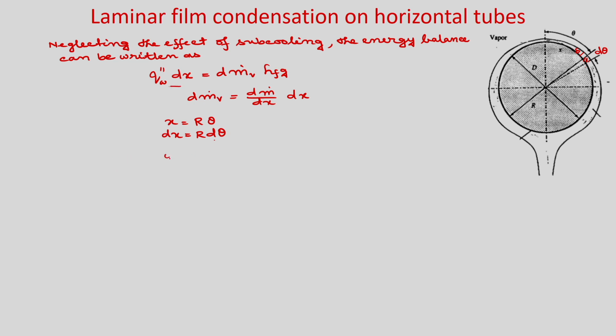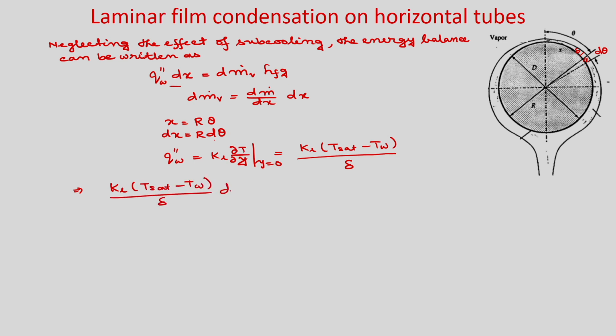So you will get q double prime w, which is KL del T by del y at y equal to 0. If you evaluate it, you will get KL (T sat minus TW) divided by delta. You will put KL (T sat minus TW) divided by delta dx is equal to dm dot v, which is dm dot by dx, hfg into dx.